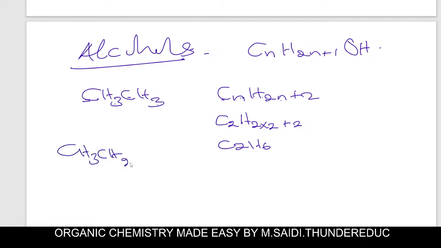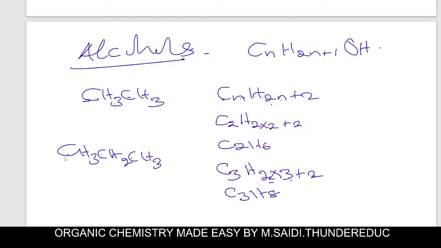CH3, CH2, CH3. Let me see. We use the general formula. How many C is there? 1, 2, 3. Yes, there are 3. Then hydrogen is 2n plus 2, and n is 3, so it is 6 plus 2, which is 8.